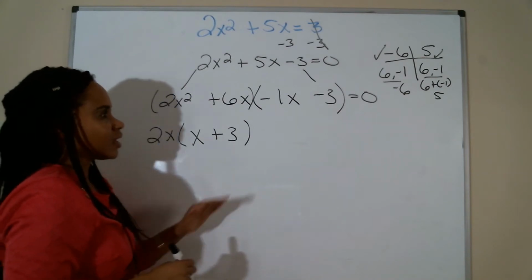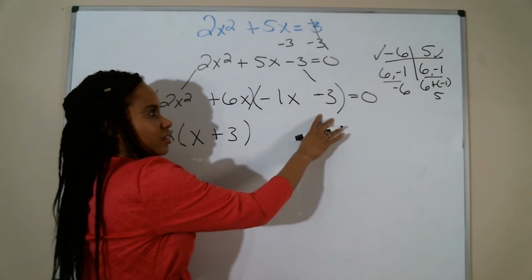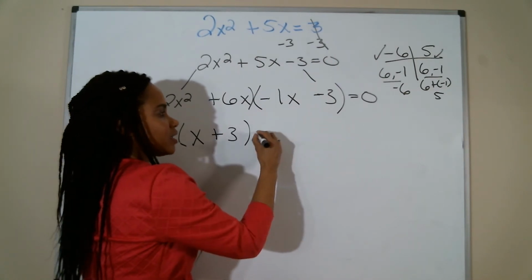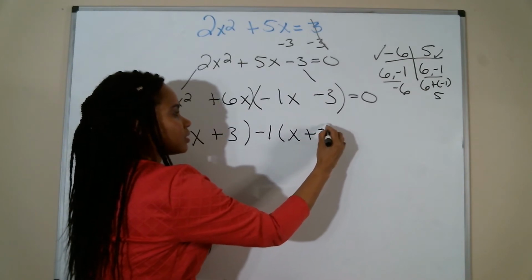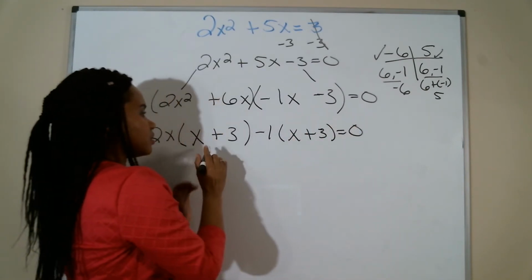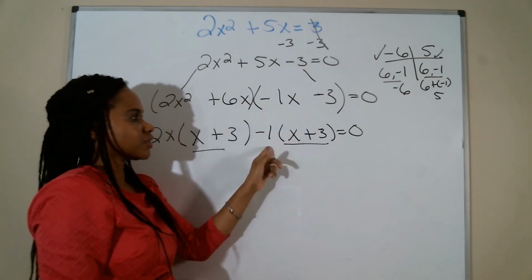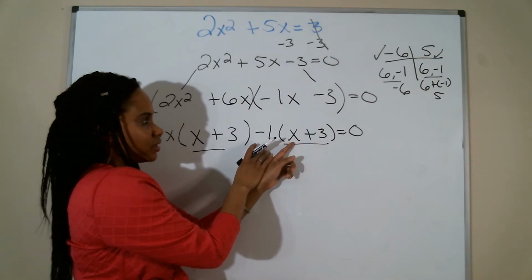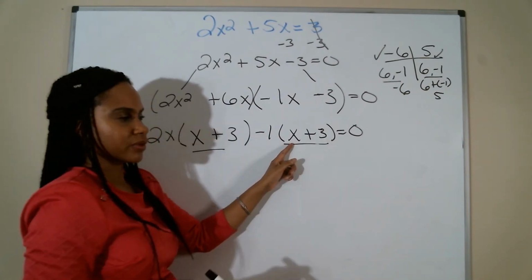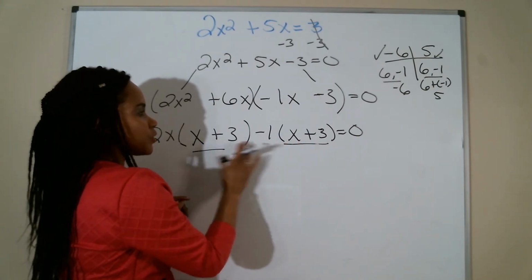Now to factor this second part, the only thing it has in common is a negative 1. I'm pulling out that negative 1 because I want it to look like my first binomial. If I take away a negative 1 here, I'm left with the x, and negative 3 divided by negative 1 is positive 3. These 2 binomials should be the same.